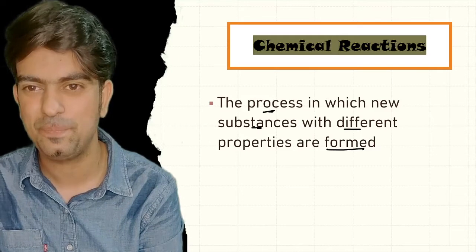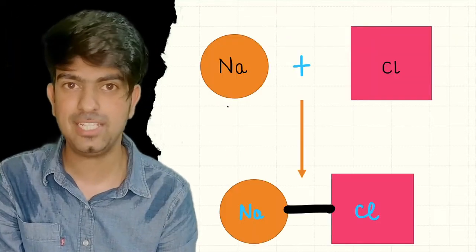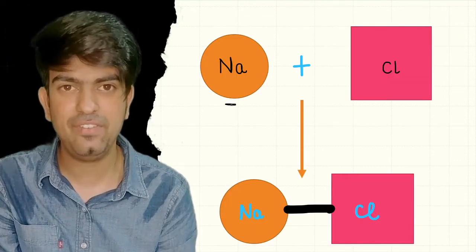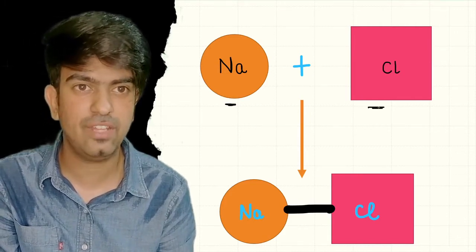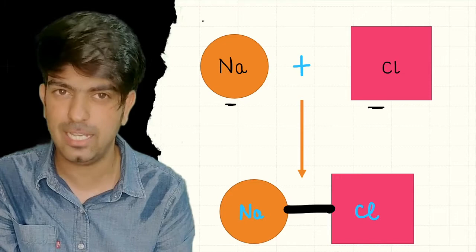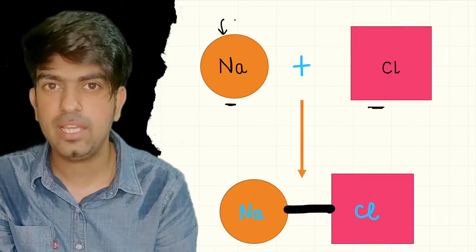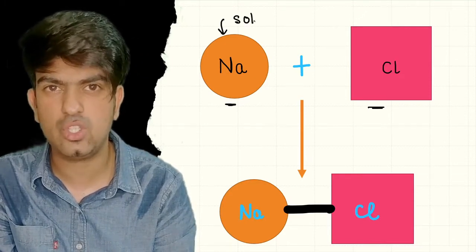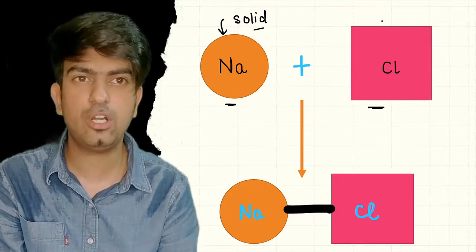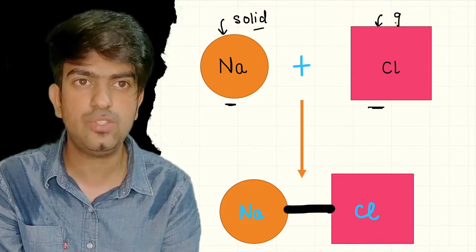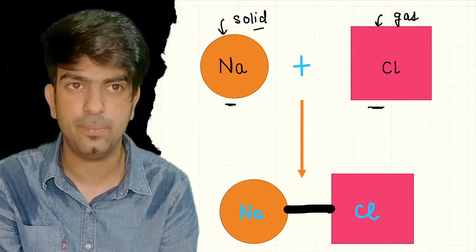So, let's see. Now let us consider this example, and here we have Na, which is called sodium, and here we have chlorine, which is called Cl. Now this sodium is basically found in solid state. General ये solid state में रहता है. And if I talk about chlorine, this chlorine is found in gaseous state, right?